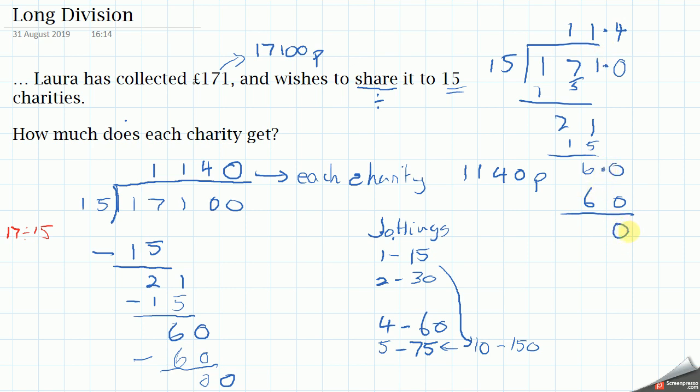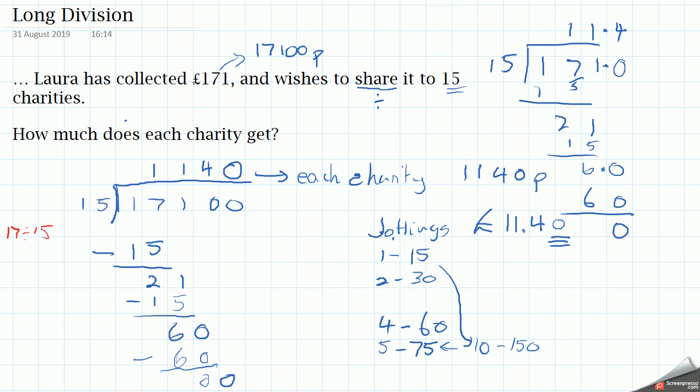Gives me 0. So I would have an answer £11.40. And because it's money, after a decimal point, I should always show 2 decimal places to show that 4 actually means 40 pence. So must see that, please.